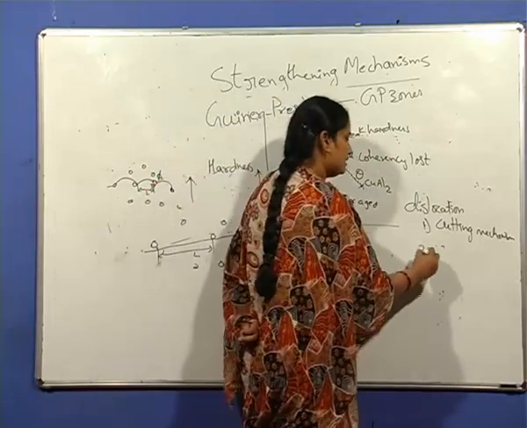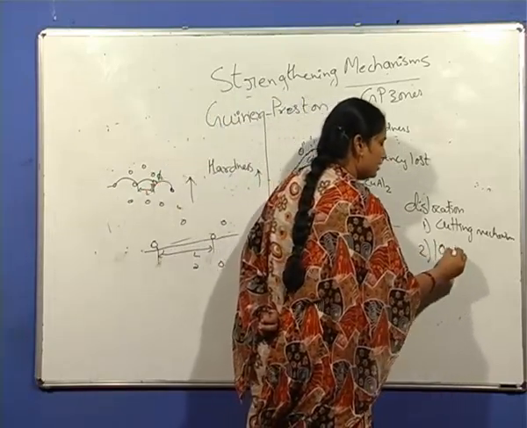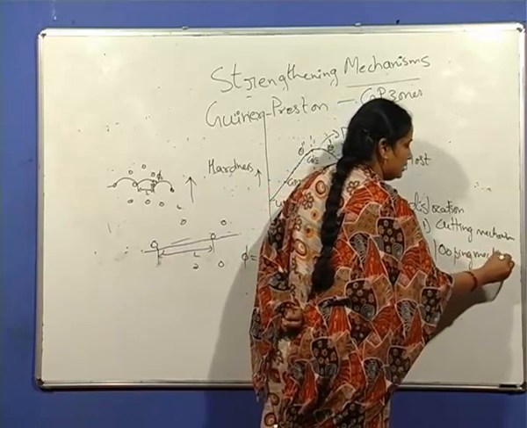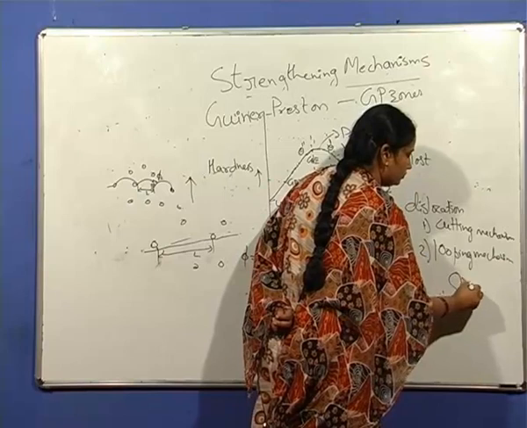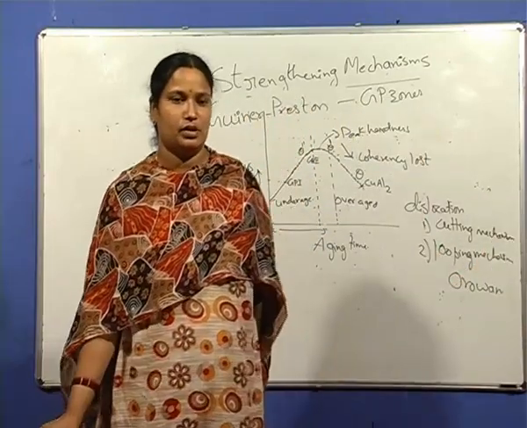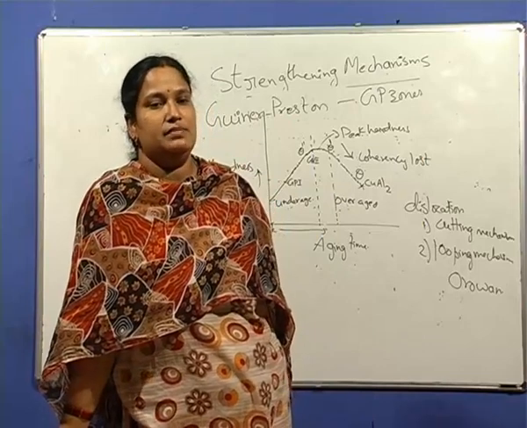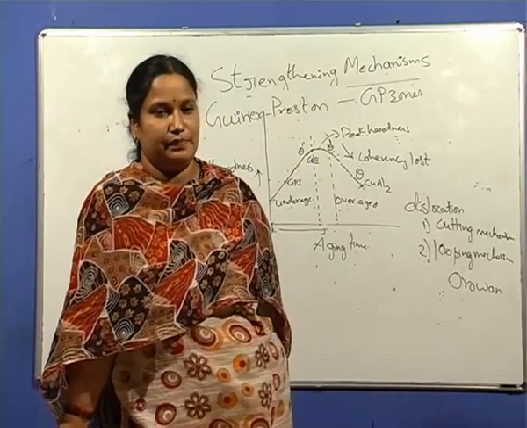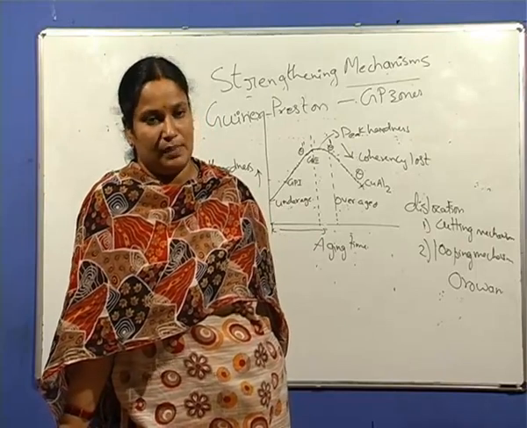And the second is the looping mechanism, given by a scientist named Orowan, the Orowan looping mechanism. So the two main strengthening mechanisms in precipitation strengthening are the cutting mechanism and the looping mechanism.